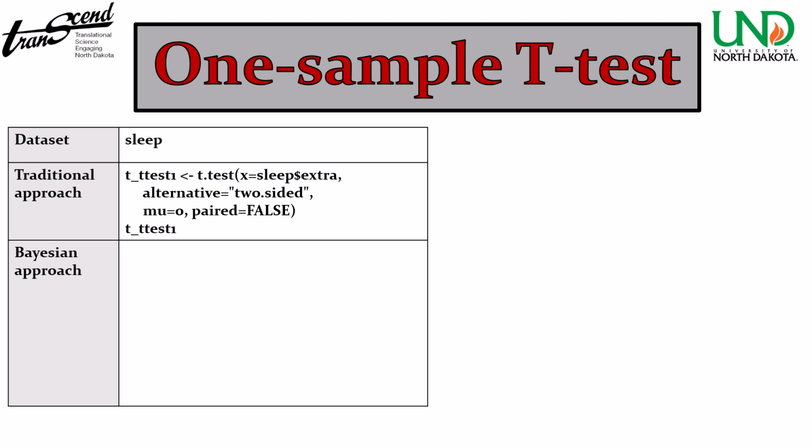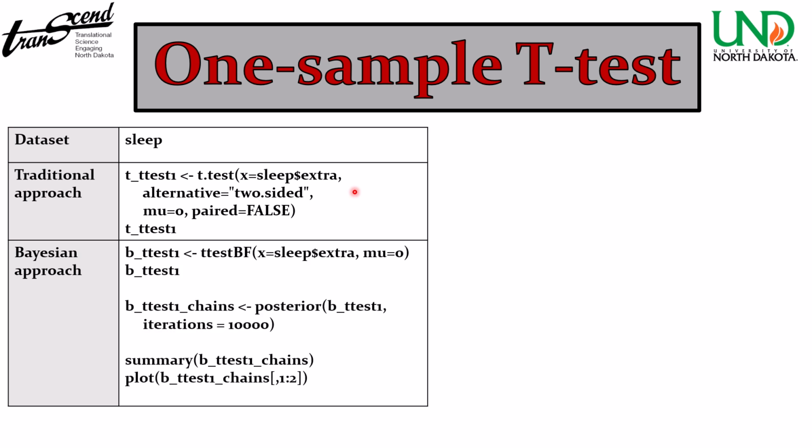Because this is a one sample t-test, we want to compare all the sleep values to a single constant. So we're going to take that as 0, that's mu is 0. And we're going to say paired false. Some of these things are default, so you could simplify this, but if you want to specify all these things. Anyways, we'll get that, and we can call it and see if that is significantly different.